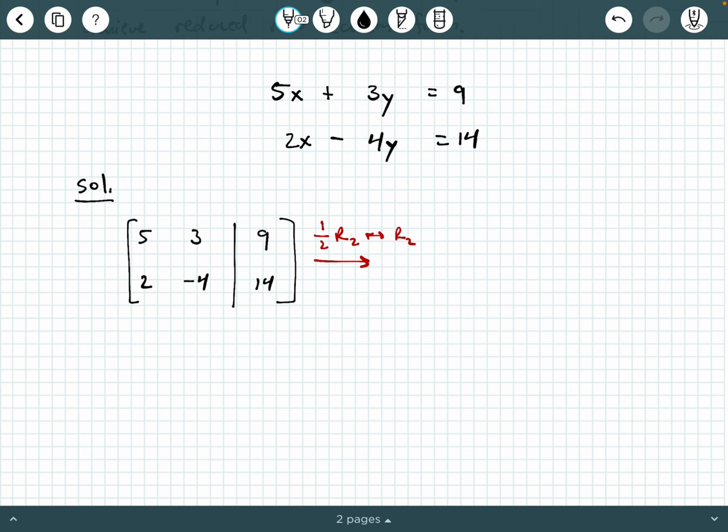So that way we essentially factor out a 2 and cancel it. That's the equivalent of what we would be doing to the second equation. We're killing off one of these factors of 2. So row 1 hasn't changed. We still have 5, 3, 9 here. And then row 2 becomes 1, negative 2, and not 14 anymore, but 7, okay?